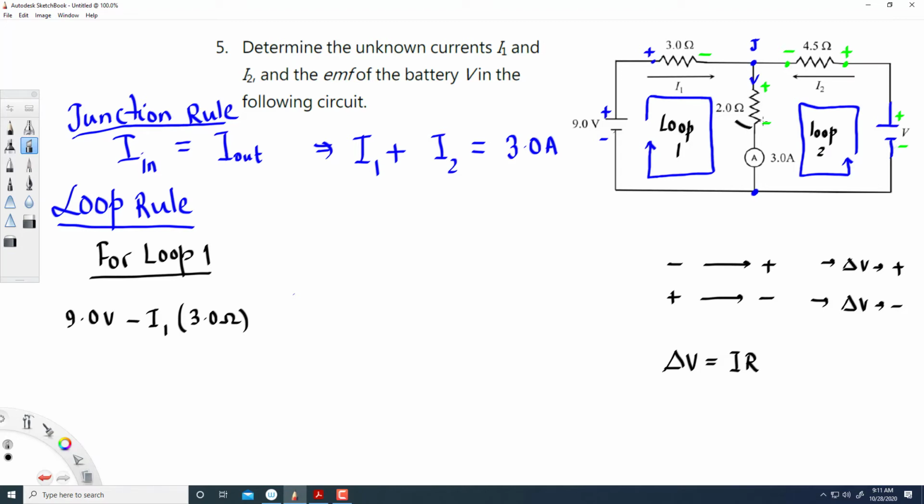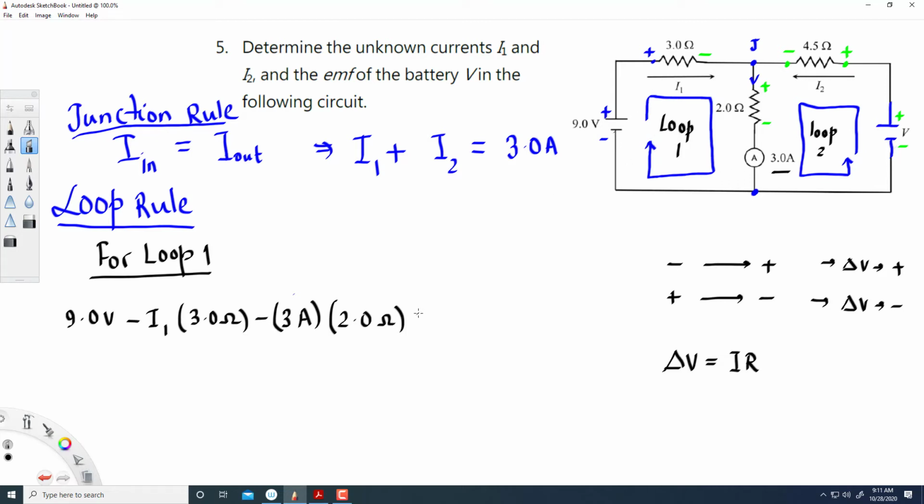The potential difference in this 2 ohm is I times R. The current going through that is 3 amperes, and R is 2 ohms. Again we are going from higher potential to lower potential, so the sign is negative, and that's all we have in this loop.